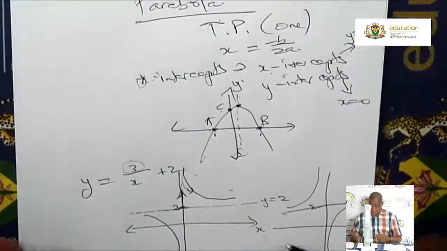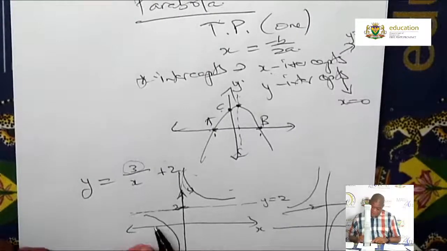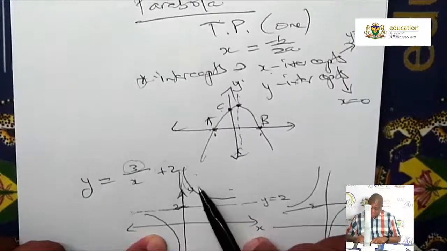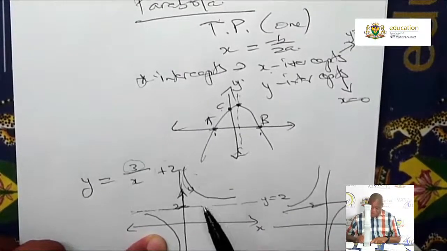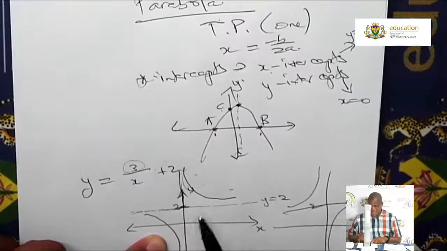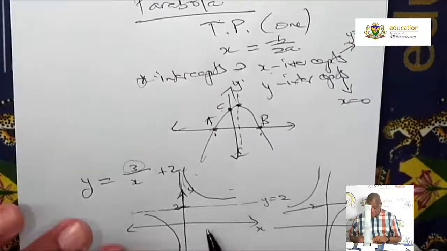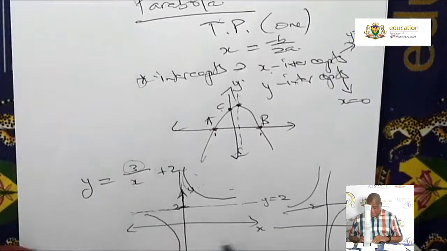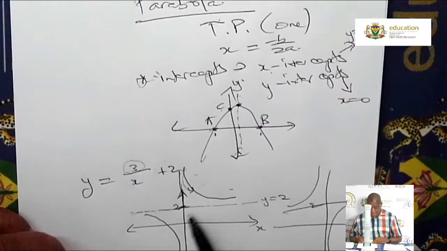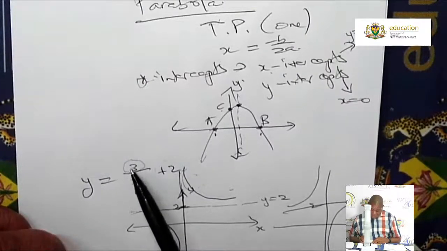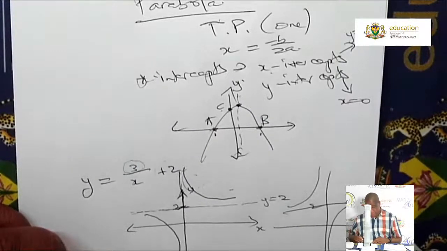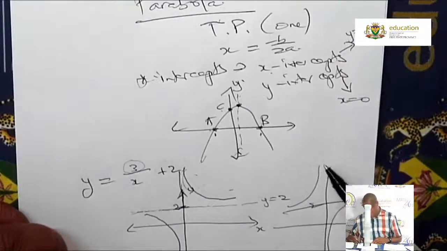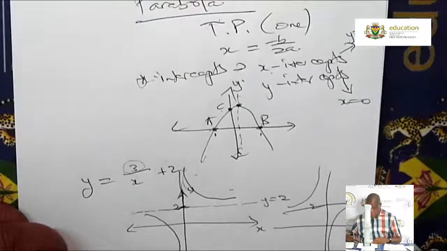Now we need to know, if it's positive, the one arm is in the first quadrant of the asymptotes, the quadrants formed by the asymptotes, not the quadrants of the Cartesian plane. If it's positive, like the 3 is now, one arm is in the first quadrant, the other arm will be in the third quadrant. But if the 3 was negative, one arm will appear this side, the other one on the other side.